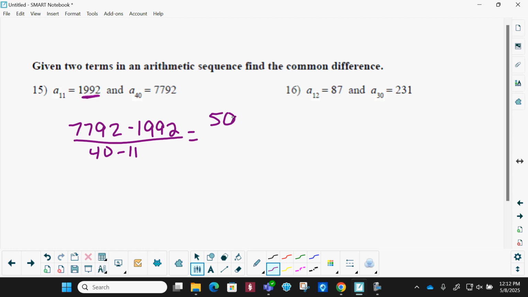Let's see. Nope. Okay, that's 5,800 divided by 40 minus 11 is 29. So my D value is 5800 divided by 29 is 200. And that's all we have to do.